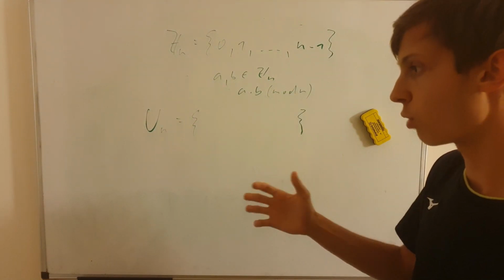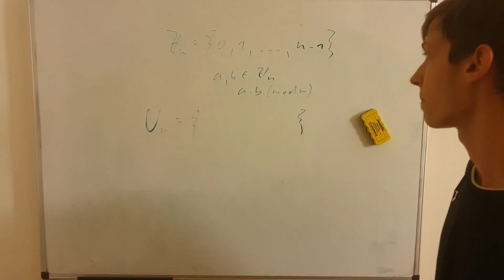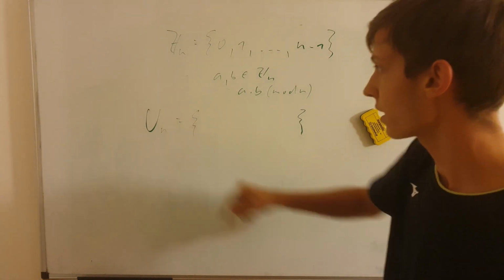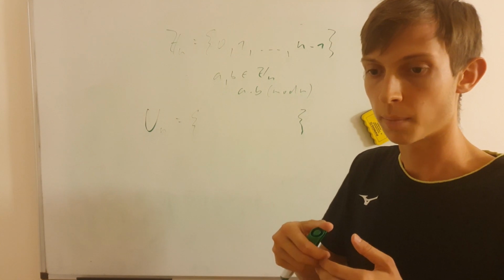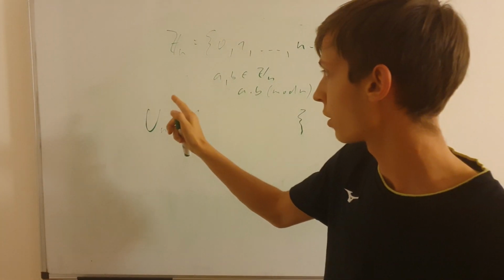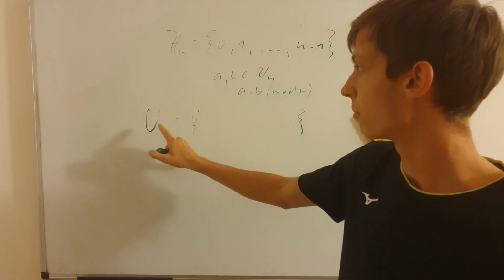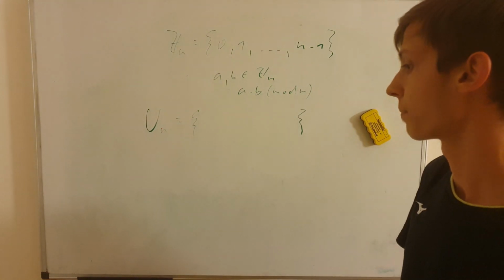So it's closed under this modular multiplication. Let's look at how to get the elements of a particular group of units n via the knowledge of integers modulo n.